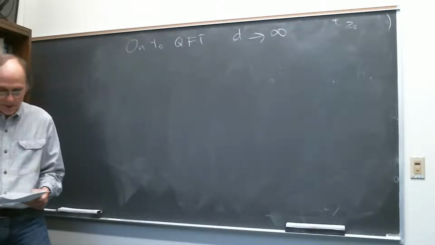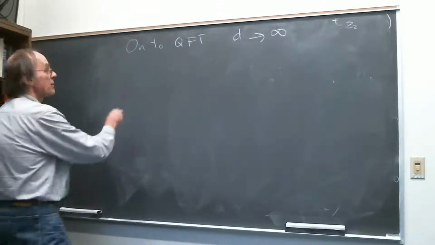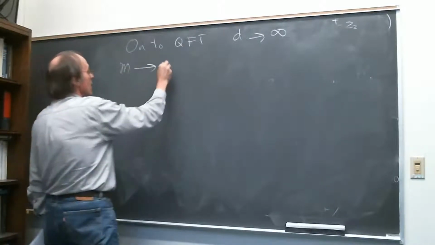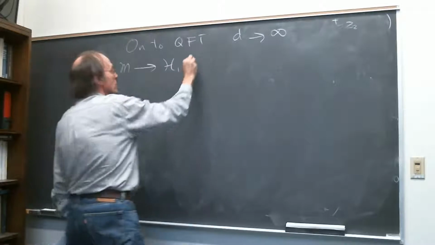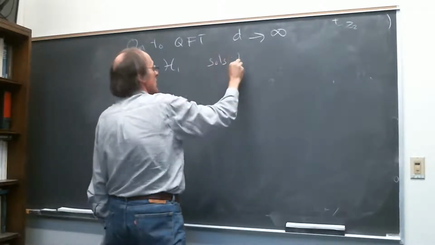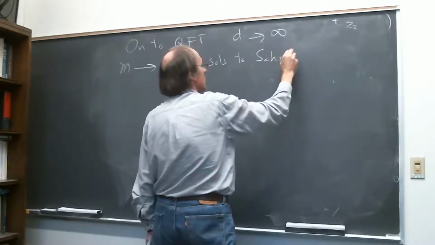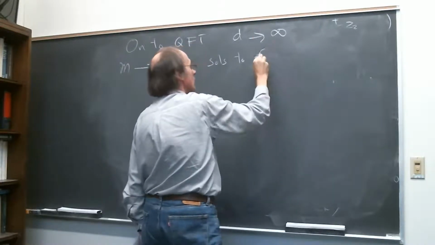But let's see. What we're going to do now is take m instead, which is going to become what I call H1, the solution to the Schrödinger equation, the free particle.